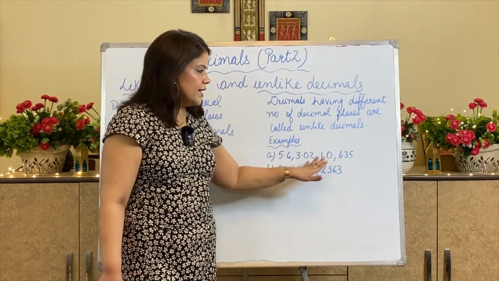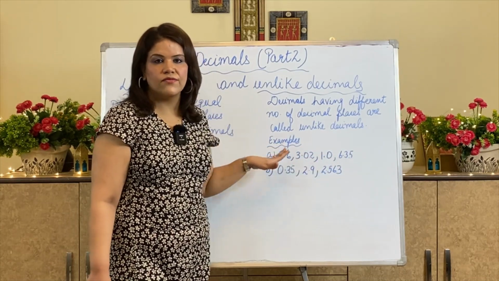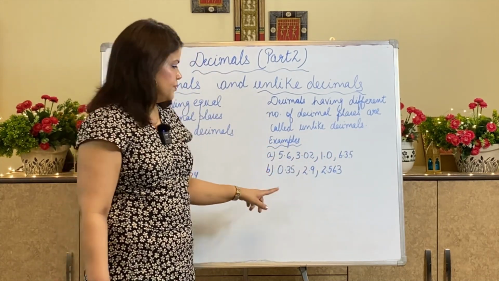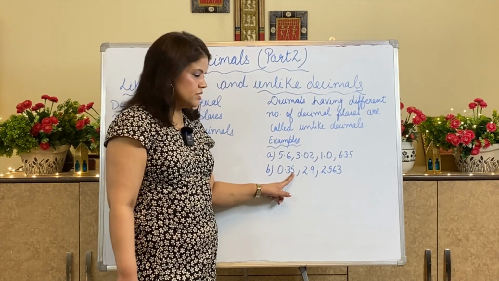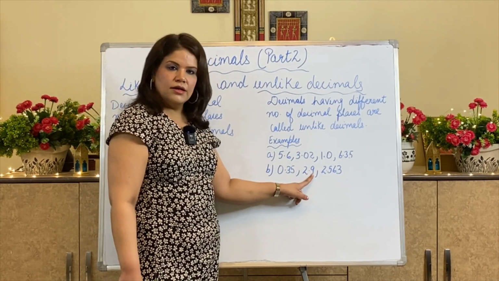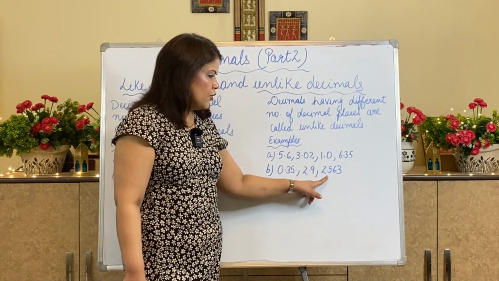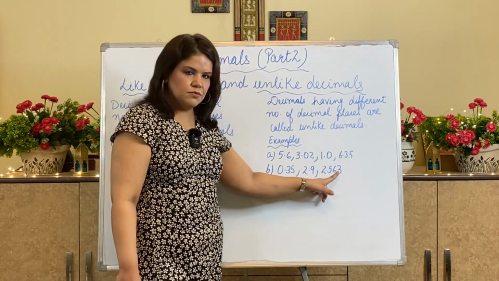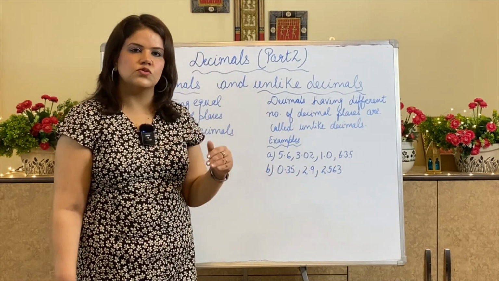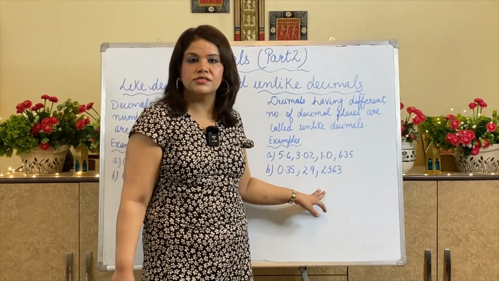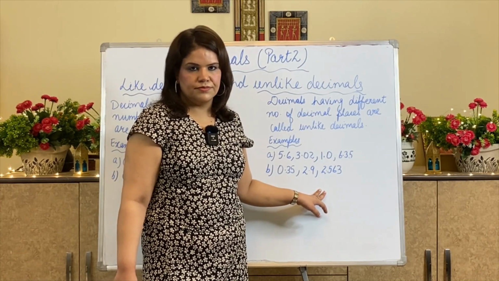That is why all these numbers have unlike decimal places. The B part: 0.35, 2 decimal places. 2.9, 1 decimal place. 3.563, 3 decimal places. All are different. So that's why these decimals are known as unlike decimals.